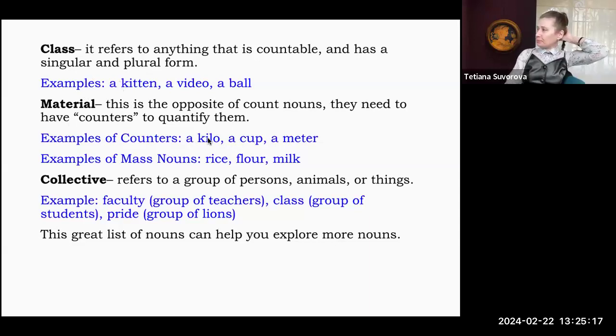Well, and combined with this noun of material: a kilo of rice, for example, or a cup of flour, a meter of, I don't know, some wooden panel, something like that. So we use some measures.